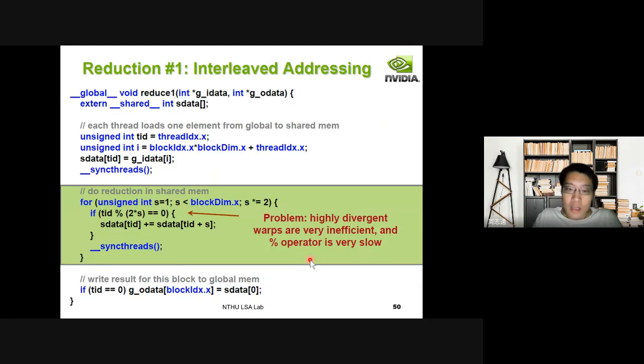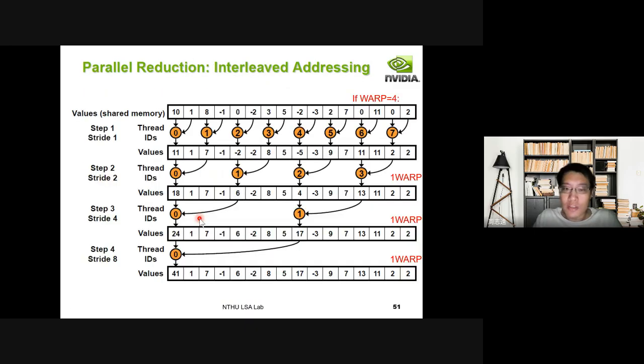So we can rewrite it somehow. Don't look at the code; if you want to, you can look at it afterwards. After you rewrite the code, it acts like this, changing the thread IDs that are active in each layer.